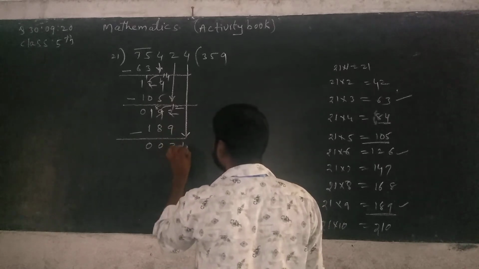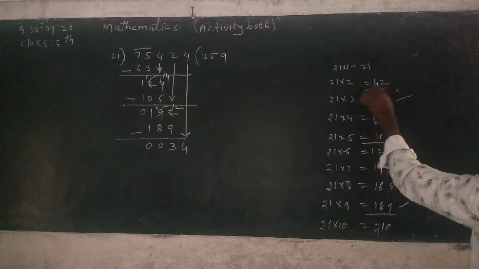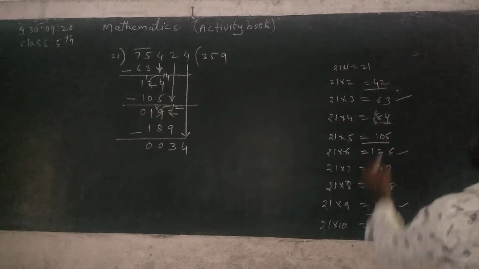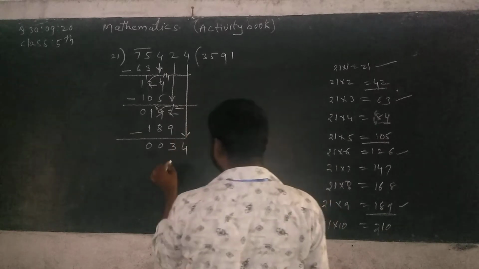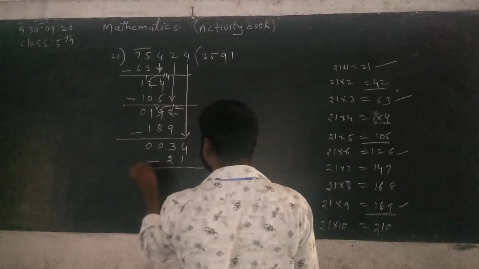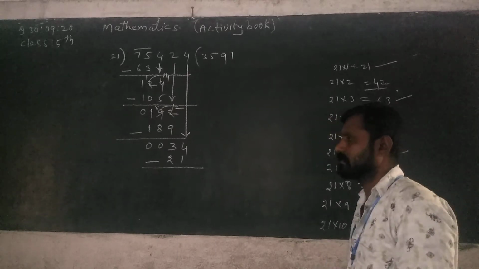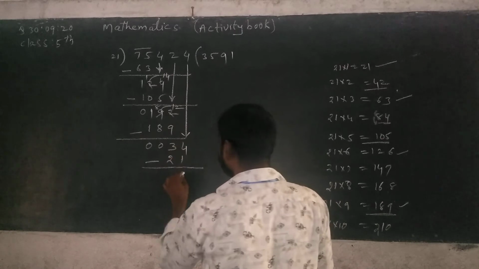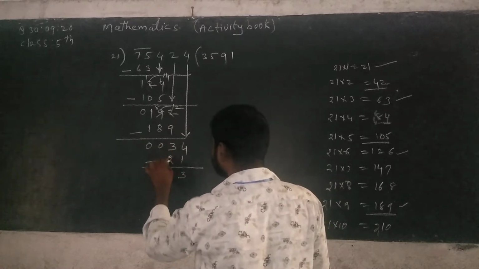So here 34. 21 ones are 21, 21 twos are 42. 42 is more than 34. Then we have to take 21 ones are 21. See here, 21 is subtracted from 34. First we subtract 1 from 4, 4 minus 1, 3. 3 minus 2, 1.